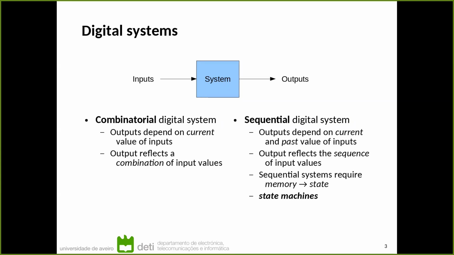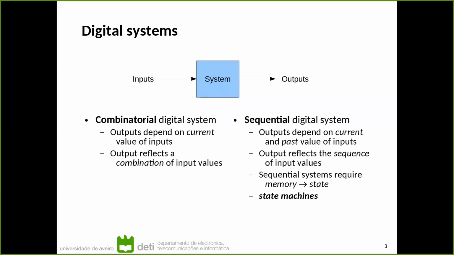And that memory defines the state of the system. And so we can think about the state of the system as the information about the past history of inputs. What has happened in the past regarding the inputs that is relevant for what the system needs to do.